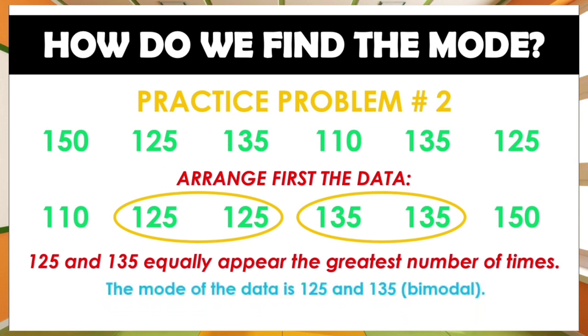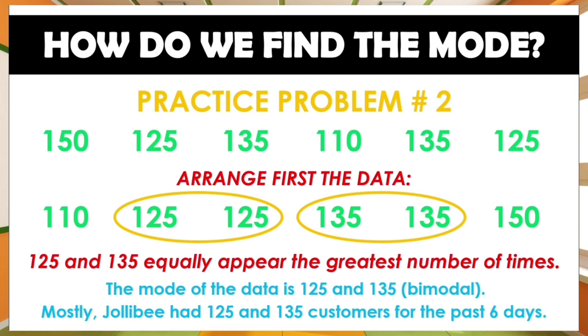This means that mostly Jollibee had 125 and 135 customers for the past 6 days. Since we have 2 modes, the given dataset now is bimodal.